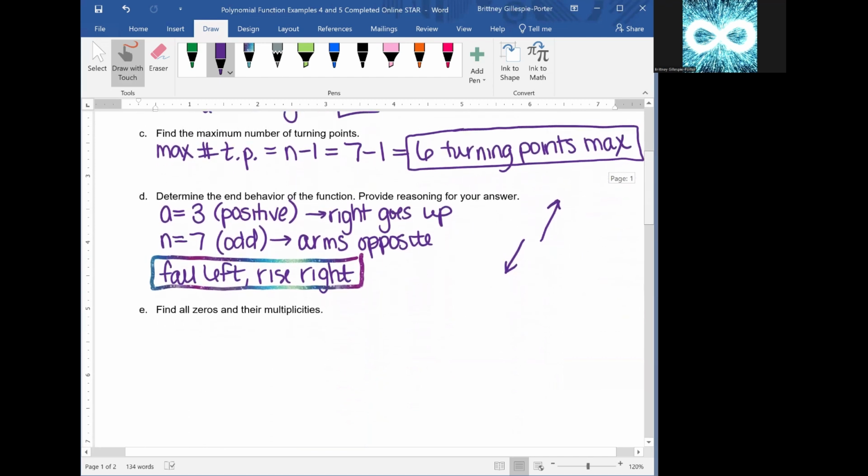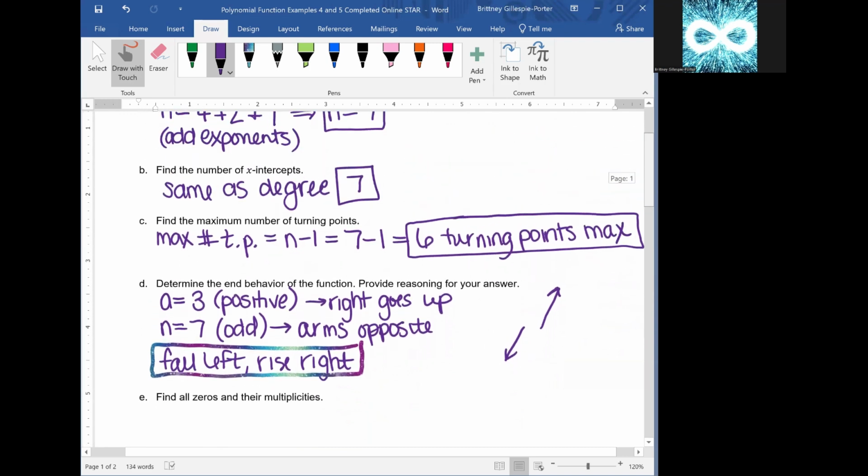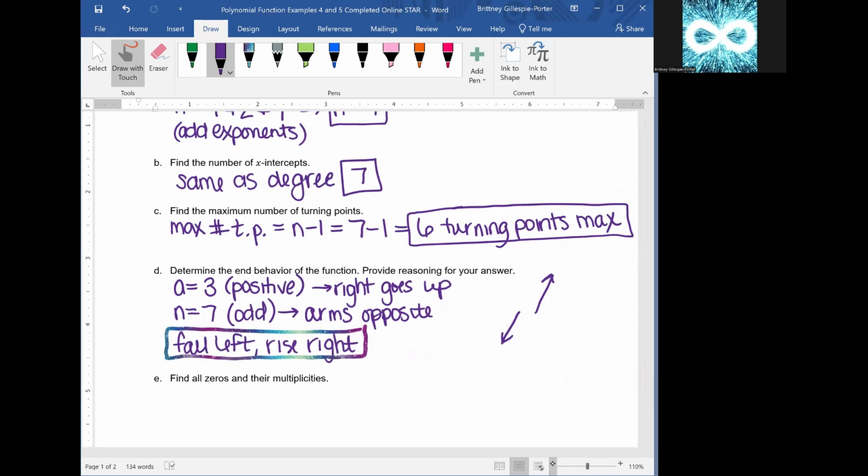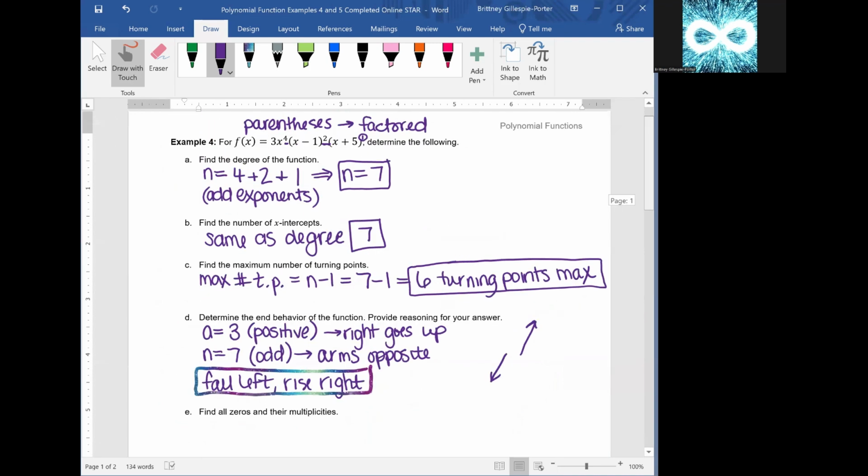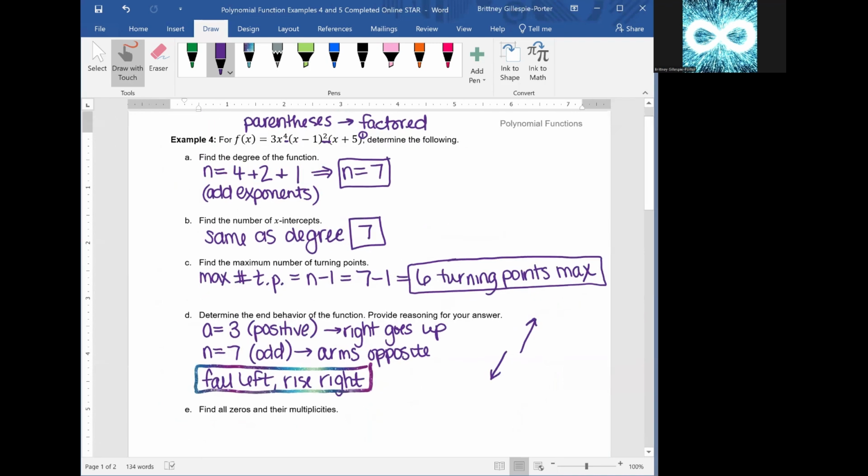Part E, we're asked to find all zeros and their multiplicities. I'm going to zoom out just a little bit so I can see the entire problem. Since we have factored form, we're going to take each of our factors and set them equal to 0. So 3x to the fourth equal to 0, (x minus 1) squared equal to 0, and (x plus 5) to the first equal to 0.